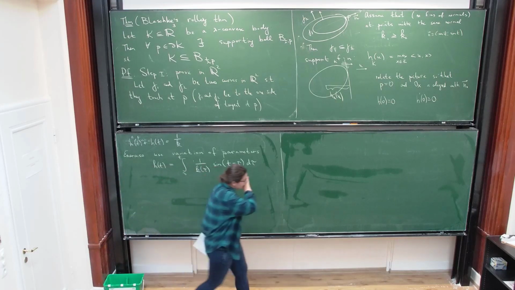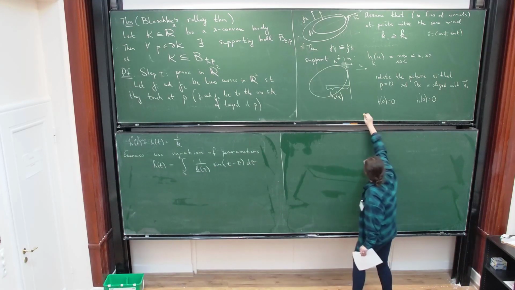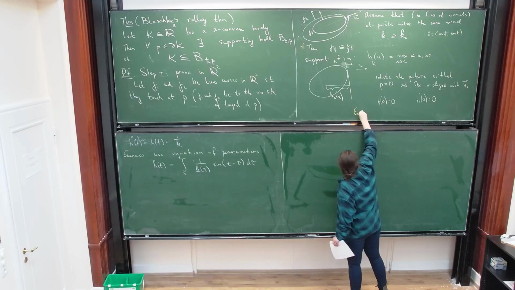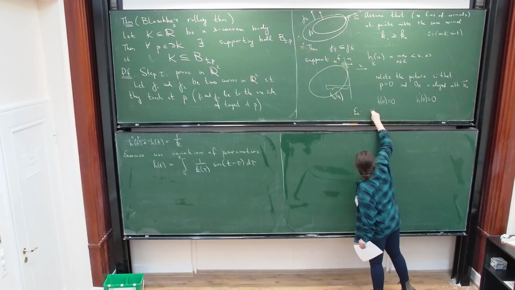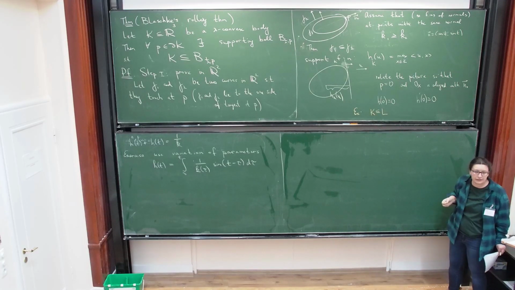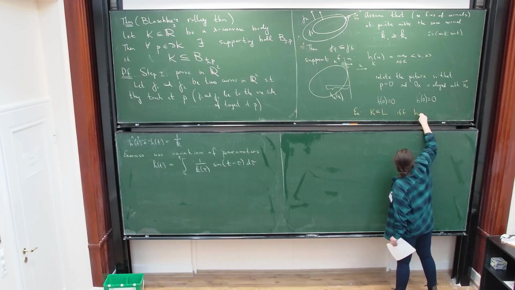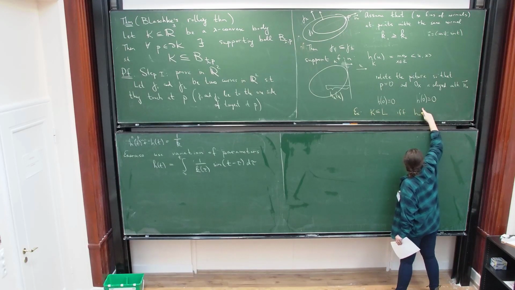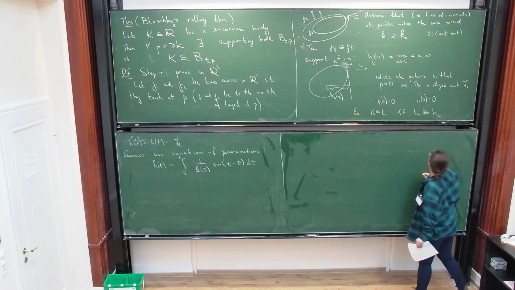So another thing we know about the support function is that there is also an exercise that can be done: if two bodies K and L are related in such a way that K is contained in L, then this happens if and only if the support functions are connected in this way.